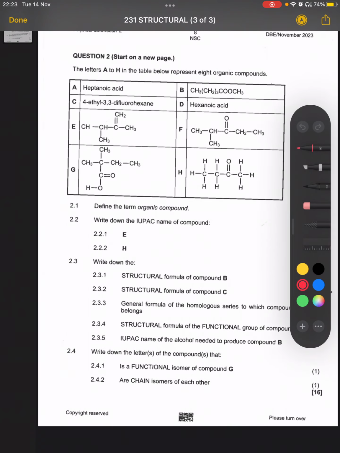Let me take the tiniest pen here. Edit here. It's supposed to be a 3 here, CH3. Well, let me just erase first, and right, this is a CH3.